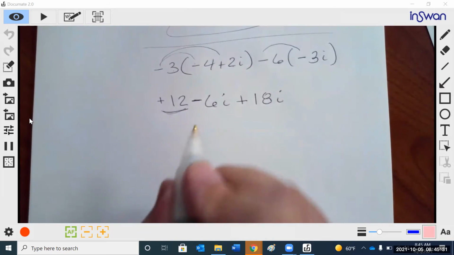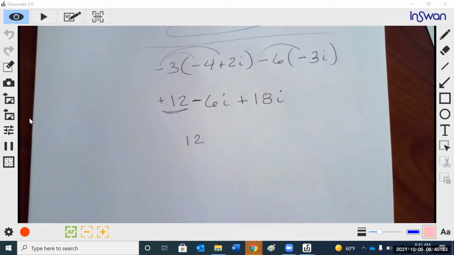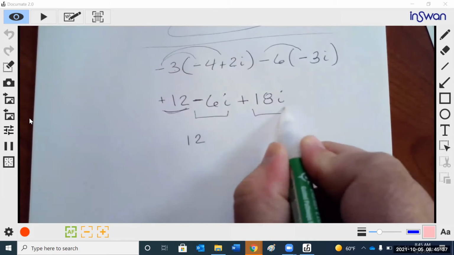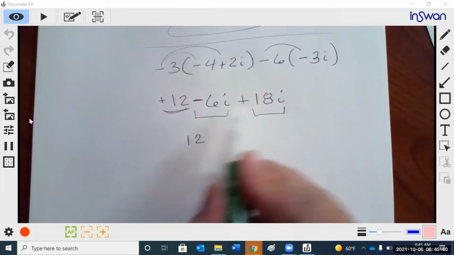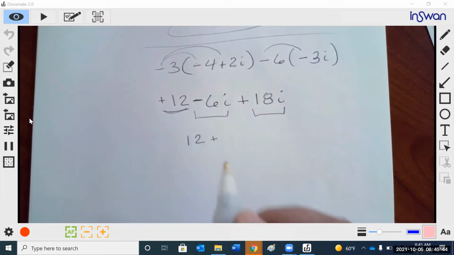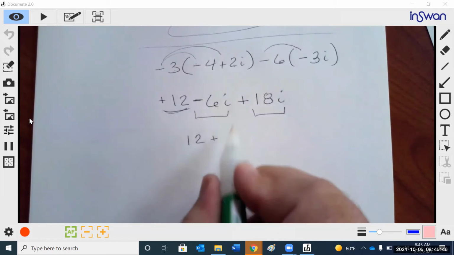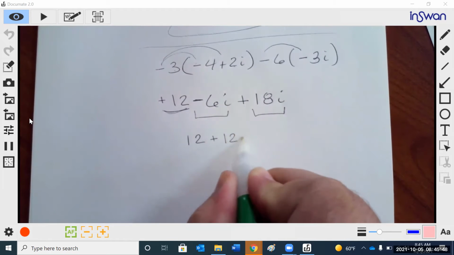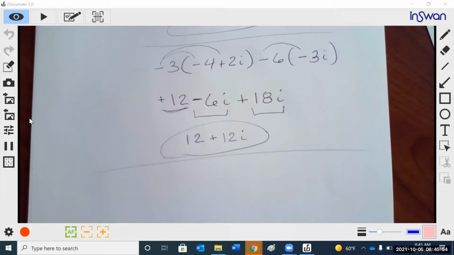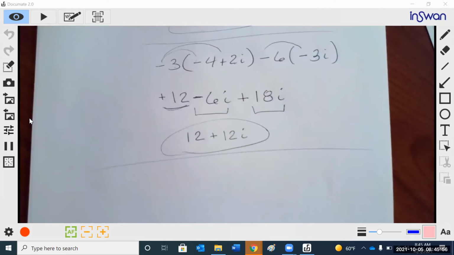There's only one real number, so it's 12. The i's, different signs, so take the sign of the larger, which is 18, so it's plus. 18 minus 6 is 12i. That's subtraction. Same as addition, just signs.